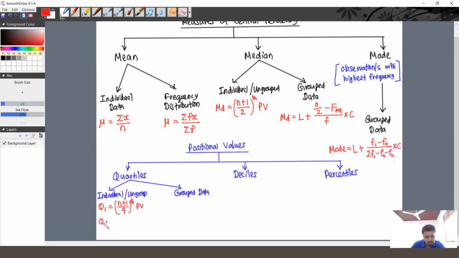Q2 කොහොමද හෙව්වේ? 2 into n plus 1 divided by 4. This positional value we need to consider. Q3 na? 3 into n plus 1 divided by 4 positional value.